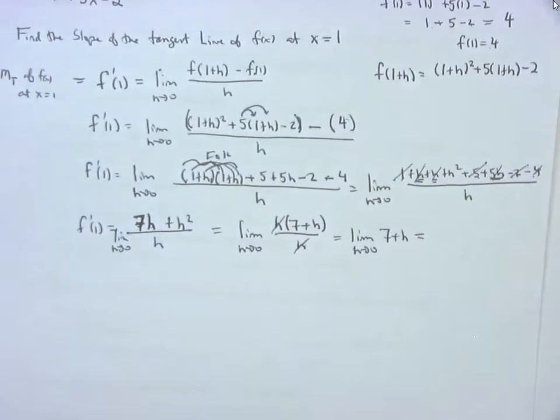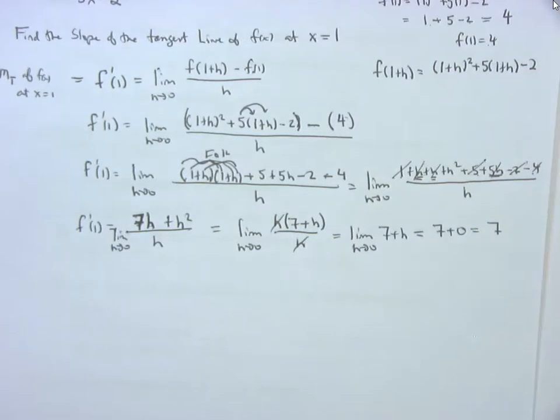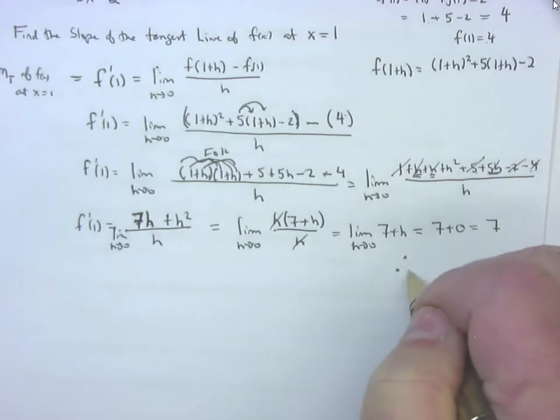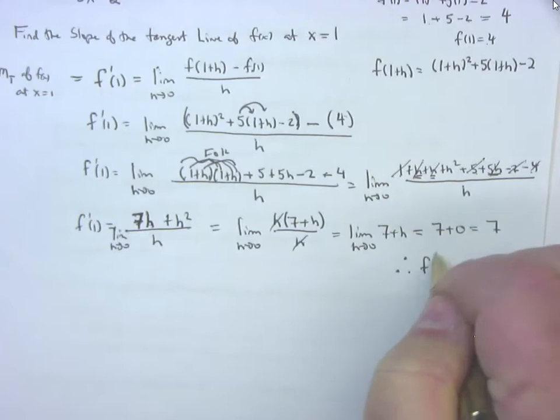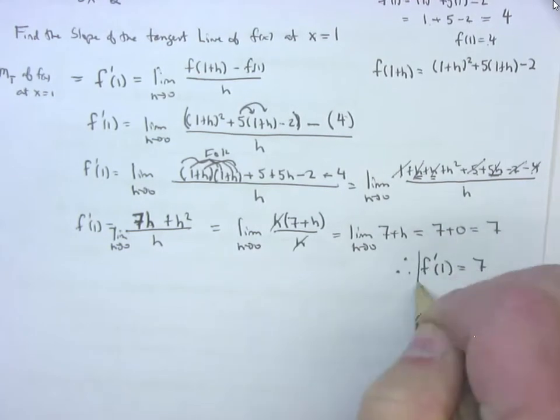Now I'm going to evaluate the limit, and when I evaluate the limit is when I don't write limit anymore, right? So now I'm just going to plug in h going to 0. That'll be 7 plus 0, which is 7. Which there tells me, three dots in a triangular fashion means therefore, this derivative evaluated at 1 is equal to 7.